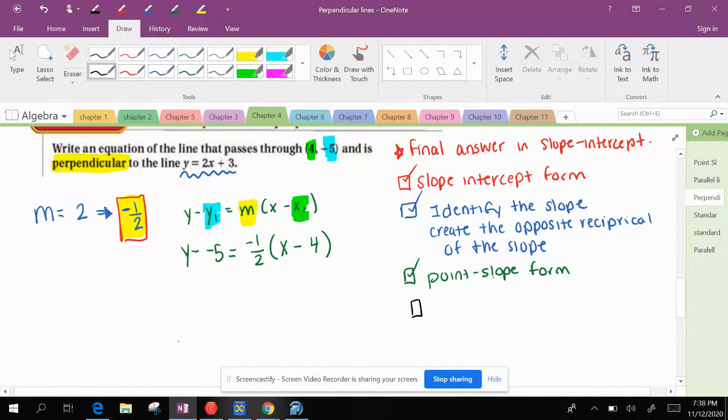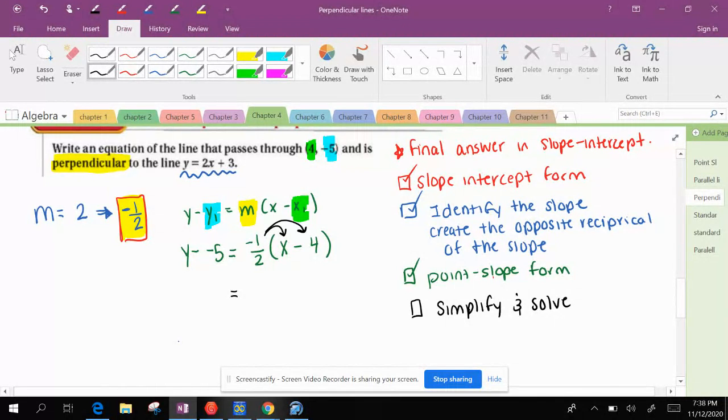My last step after I plug everything into point slope form is to simplify and solve. Let's write that. So I need to distribute -1/2 to x and to -4. I remember I did say this in some of my classes.